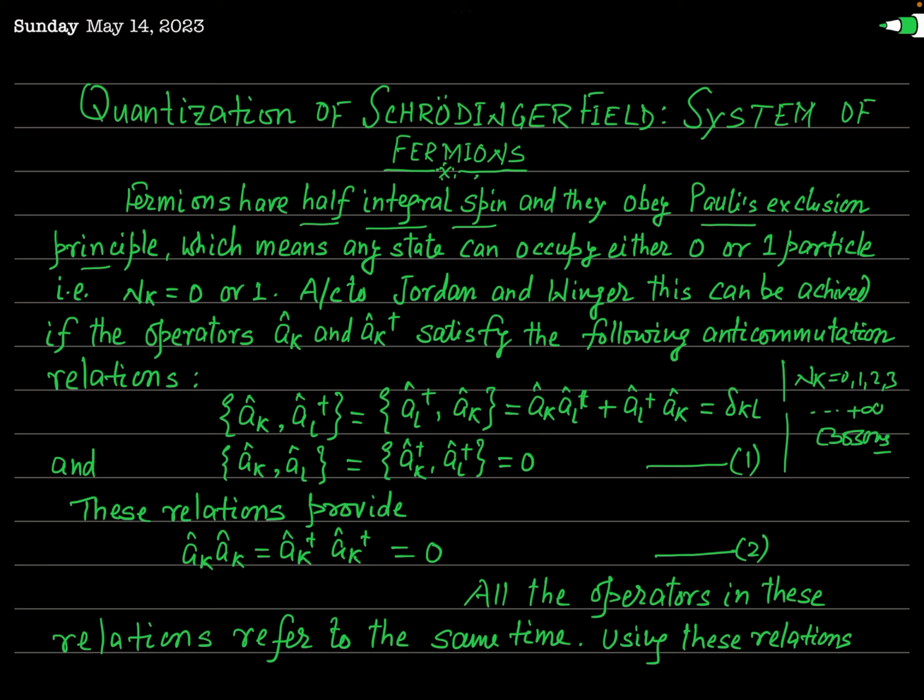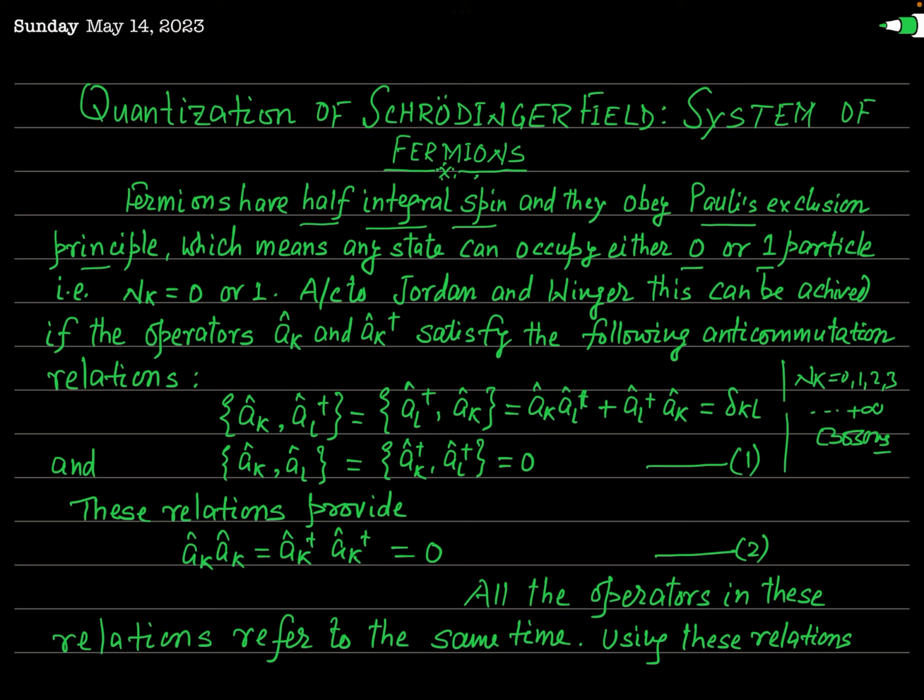But in the case of fermions, according to Pauli's exclusion principle, any quantum state will have either no fermion or at most one fermion. So, in other words, any state can occupy either 0 particles or 1 particle.